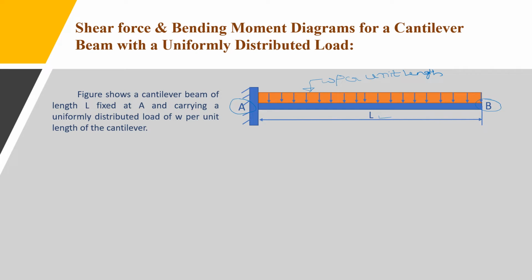To calculate the shear force and bending moment, first you have to take a section XX at a distance of X from the free end B. If this is the free end B, from this section XX to point B, the distance is X. So for this XX section, first you have to calculate the shear force and bending moment values.